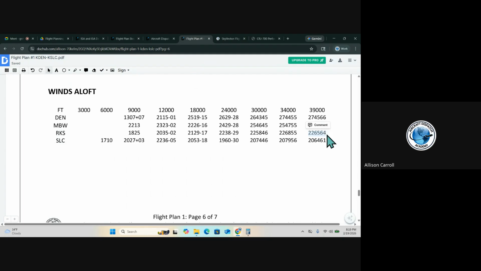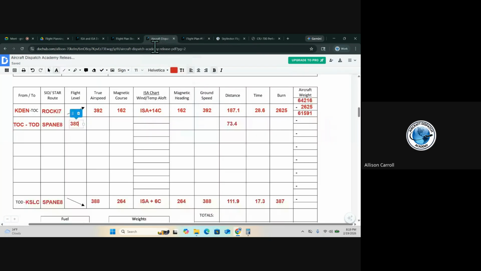So 64 is negative 64 degrees Celsius. Okay, so winds from 220 at 65 knots, and it's negative 64 degrees. I'm copying this because I'm just going to paste it, because eventually I'm going to correct for these winds aloft right here.